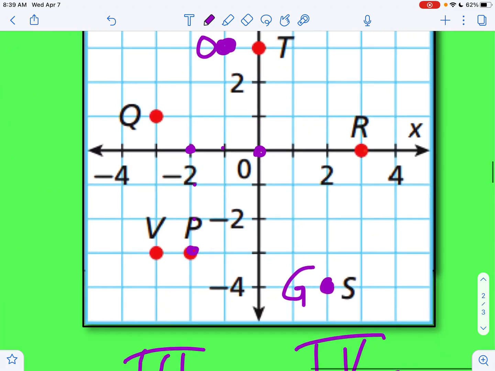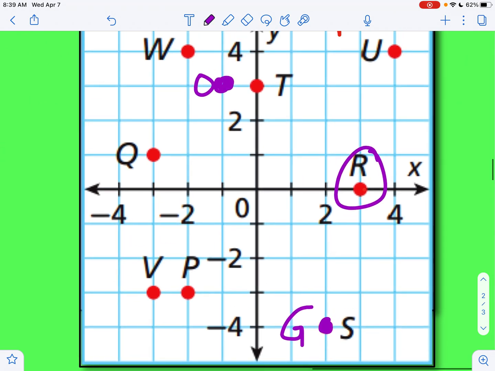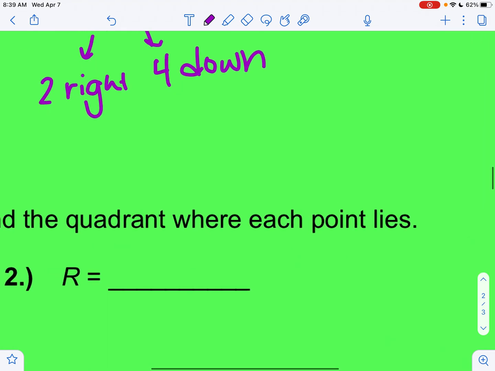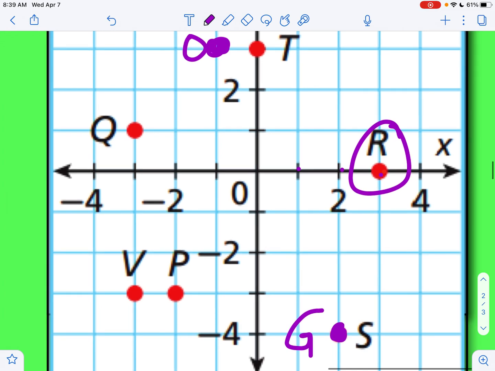Perfect. Moving on to letter R. Here's R. So what we need to do is figure out how many we're moving over. Well, if you notice, we're going over 1, 2, 3. So our first number is a +3. Are we moving up any? No, we're not.